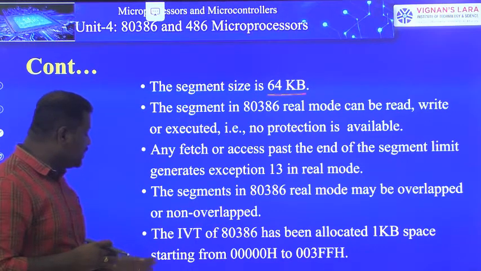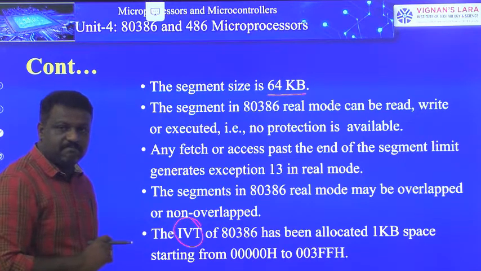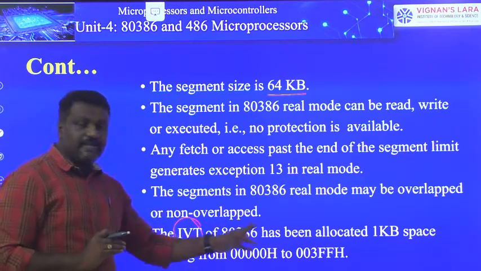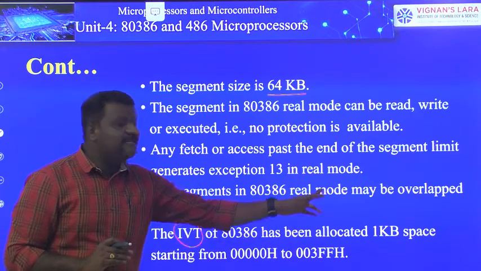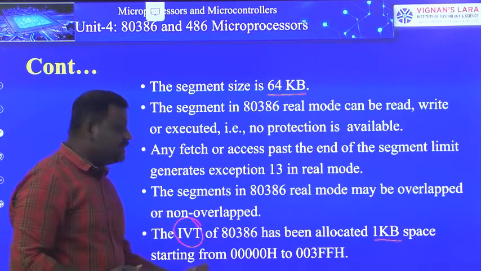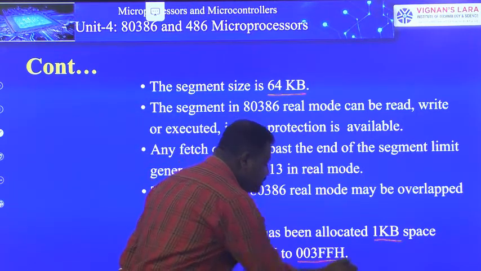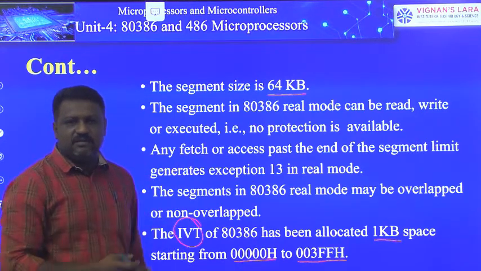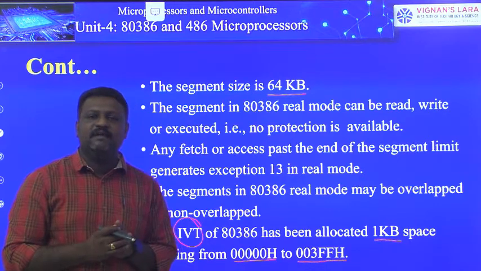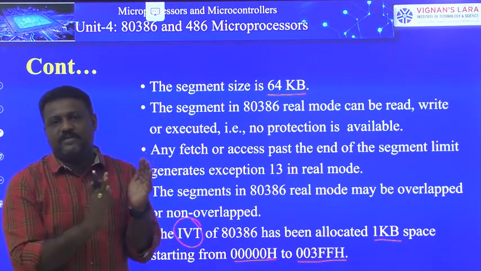The last important point is the IVT, the interrupt vector table. The IVT of 80386 has been allocated 1 kilobyte of space, starting from 00000H to 003FFH. This is also from 8086 only. In 8086, the interrupt vector table occupies only the first 1 kilobyte of its addressable 1 MB memory space.